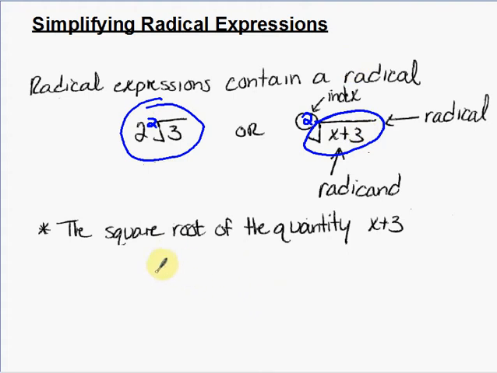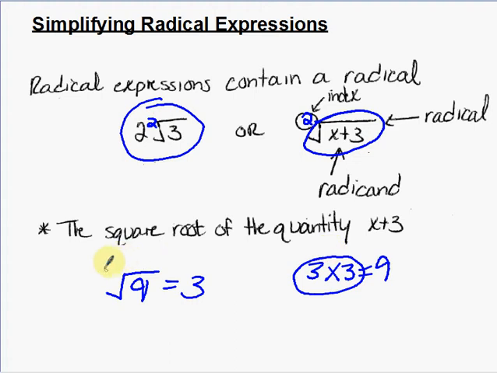For instance, the square root of 9 is 3. Why? Because 3 times 3 equals 9, and we have 2 of them. So the index, whether you knew it or not, is a 2. Two 3's multiplied together give you 9.